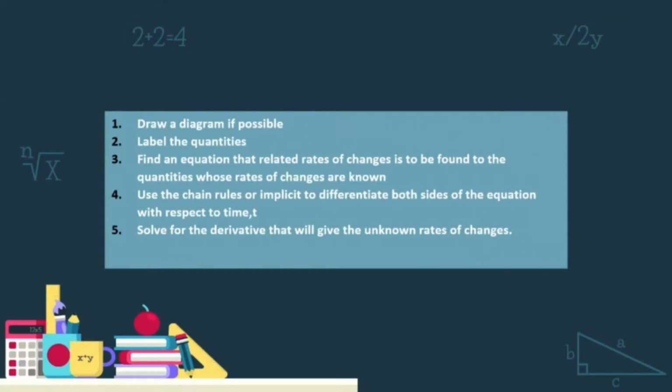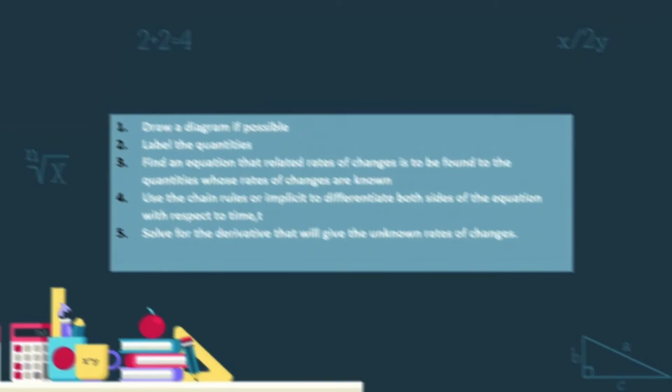Find an equation that relates the quantities whose rate of change is to be found to the quantities whose rates of change are known. 4. Use the chain rule or implicit differentiation to differentiate both sides of the equation with respect to time. 5. Solve the derivative that will give the unknown rate of change.